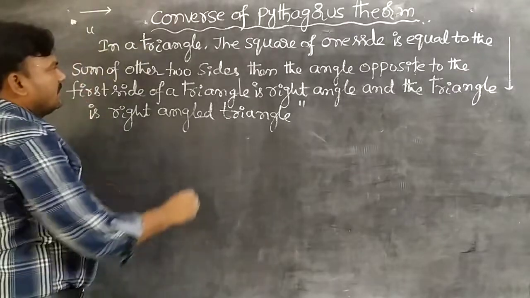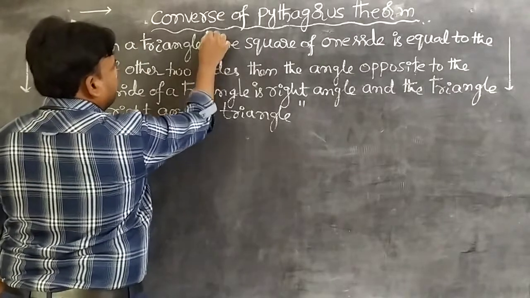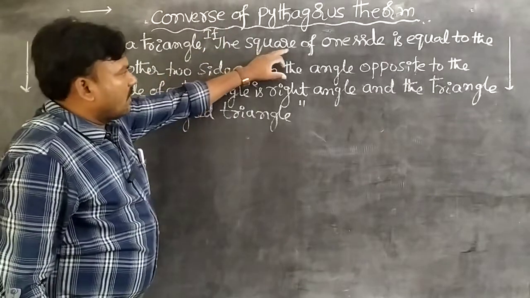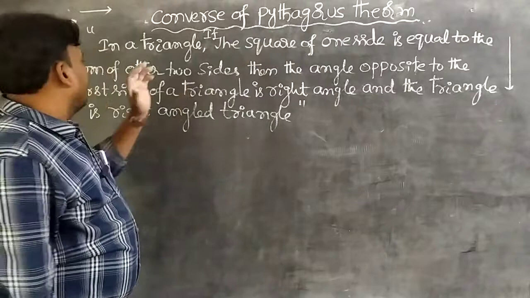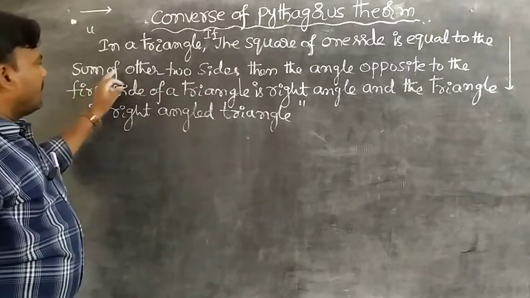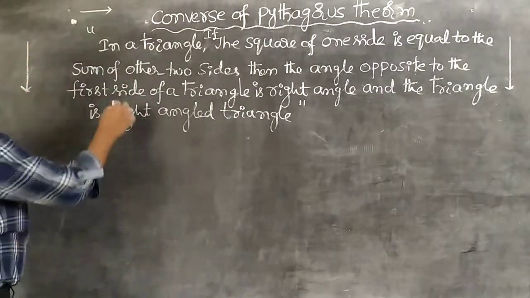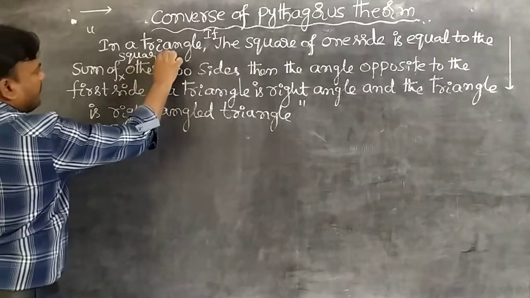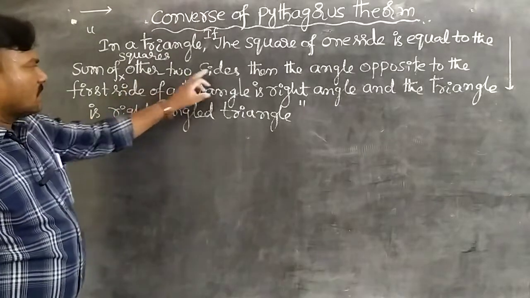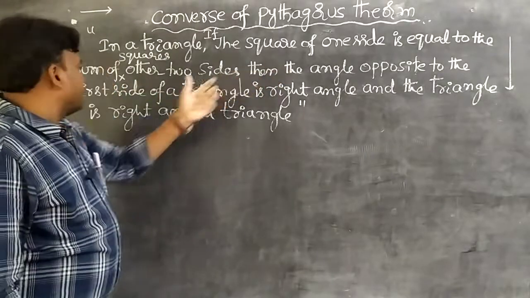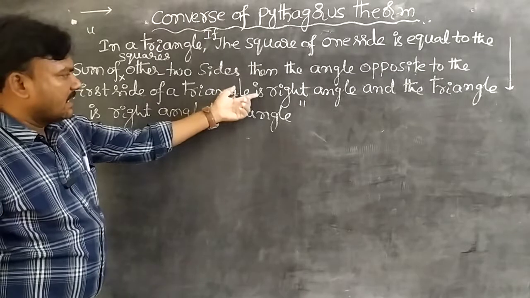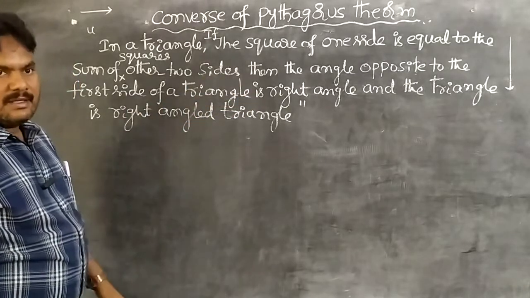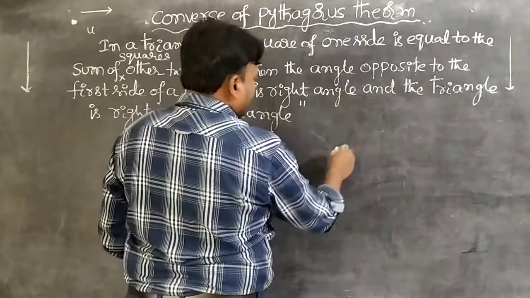In a triangle, if the square of one side is equal to the sum of squares of the other two sides, then the angle opposite to the first side of the triangle is a right angle and the triangle is a right angled triangle. Okay, students, by taking this, we draw a diagram.